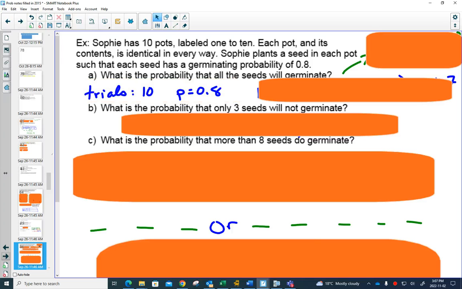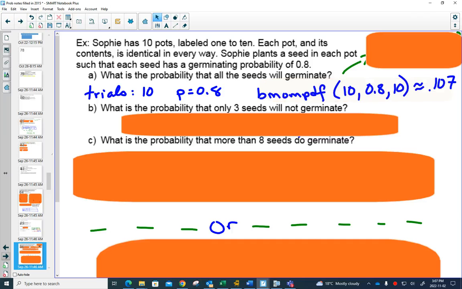Well, we have 10 trials. Probability of success is 0.8. If we were using the binomial PDF, we could find out, if we put 10 in here, it finds the specific one, exactly when it's 10. If you leave that blank, it would find all 11 of them from 0 to 10 in your distribution chart. 10%, right?